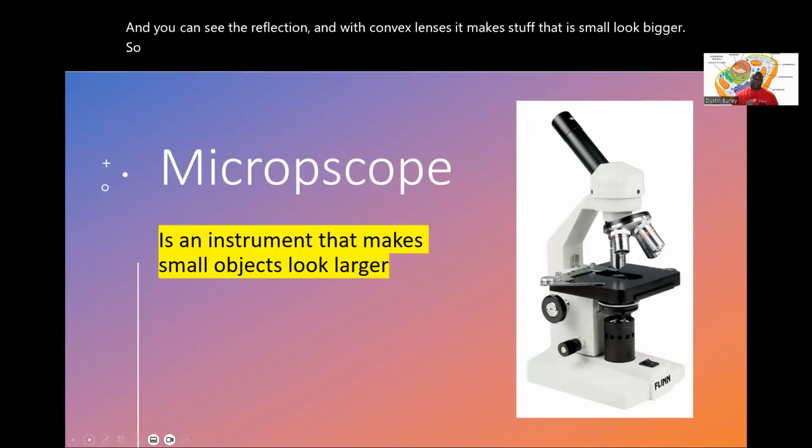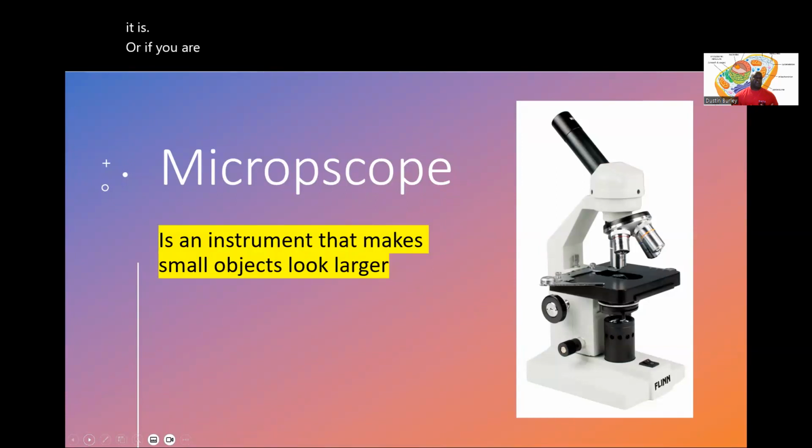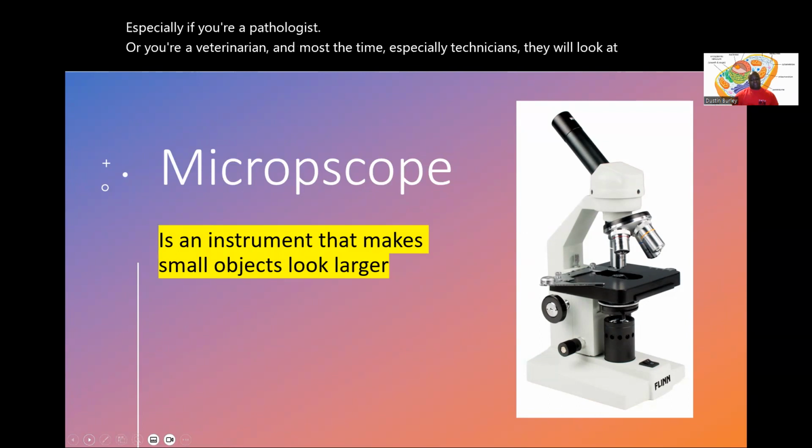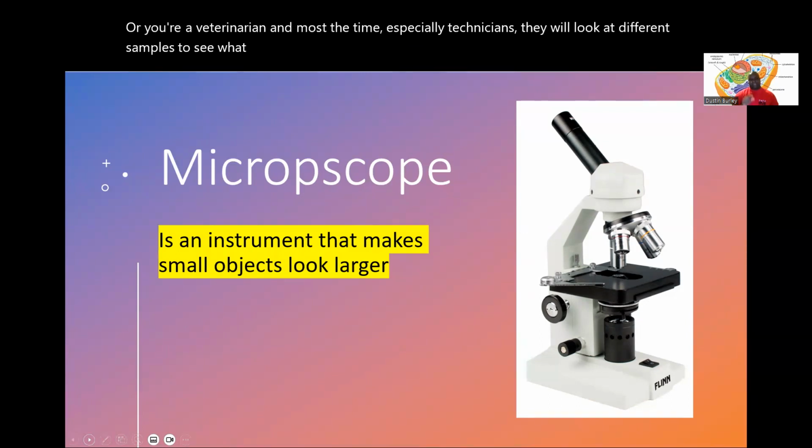So when you're looking at tiny amoebas or different cells to determine what it is, especially in the medical field, if you're a pathologist or a veterinarian, and most of the time especially technicians, they will look at different samples to see what bacteria, and based on the shape and size, they can tell you what you have and what's going on.